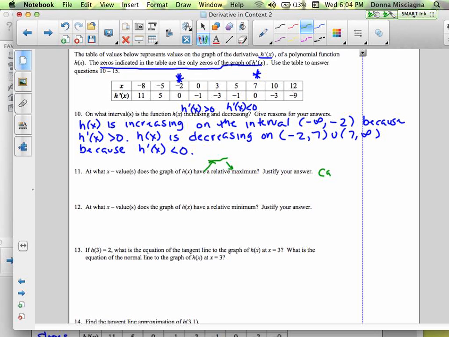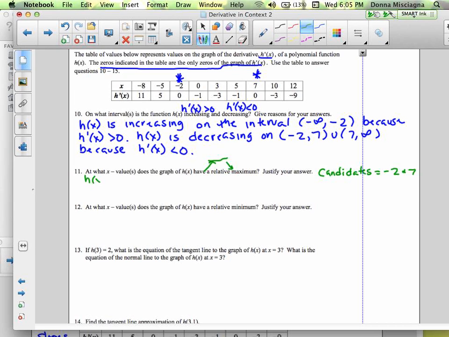So we have two candidates because the horizontal tangent is only going to occur where the derivative is 0. So our candidates to be a relative extrema are -2 and 7. And if we look at -2, the values to the left are positive, the values to the right are negative. So that is our relative maximum there.